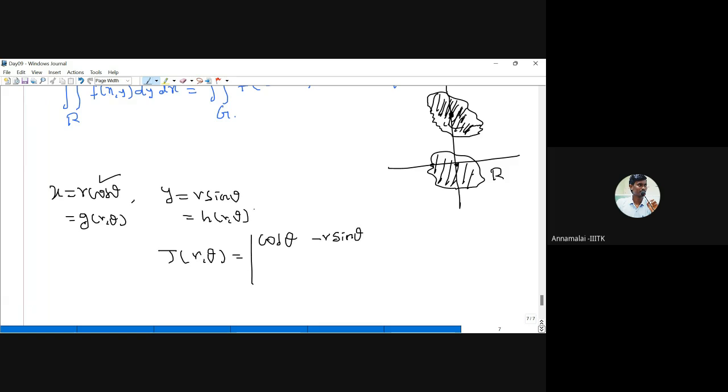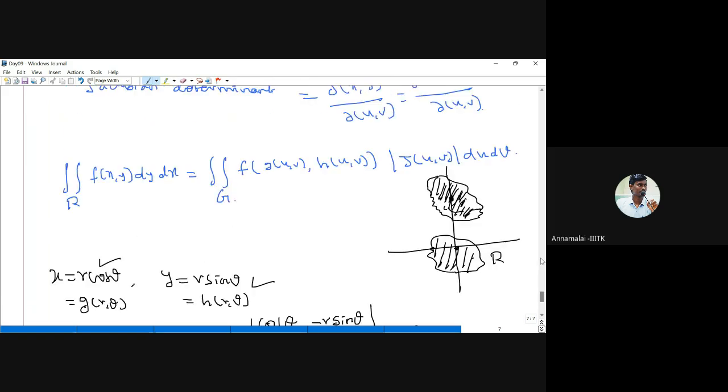Now we differentiate y with respect to r: sin theta is a fixed constant, differentiation of r is 1. Now fix r, differentiate sin, we get cos, therefore r cos theta. So what is the determinant of this? r cos square theta plus r sin square theta. We can take r outside, therefore we get cos square theta plus sin square theta, that is 1. Therefore, we get r.